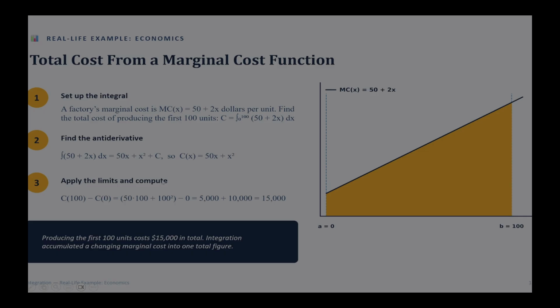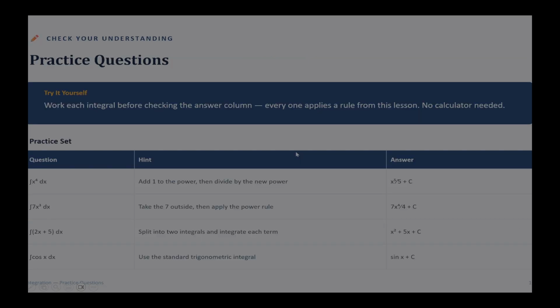We apply the limits and compute C100 minus C0, from 0 to 100. Substituting gives 15,000 as the answer. So producing the first 100 units costs $15,000 in total. Integration accumulates a changing marginal cost into one total figure, $15,000.